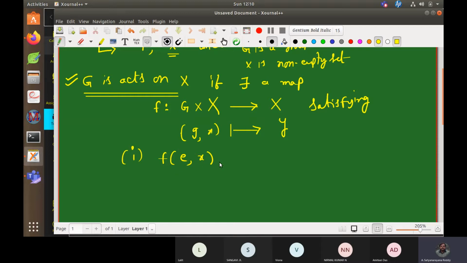So F of E comma X equals X for every X in X. It is better to write quantifiers at the beginning. So I'll write like this: for every X belongs to capital X, F of E comma X is equal to X, right? So this is the first condition.